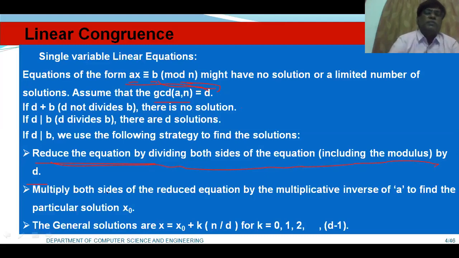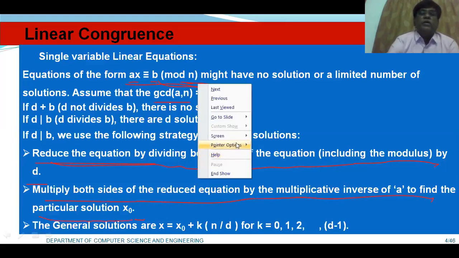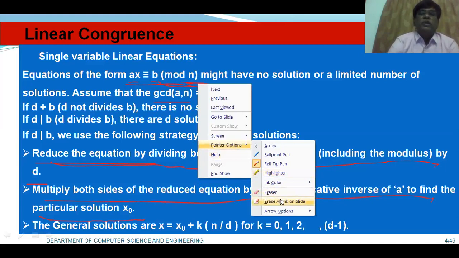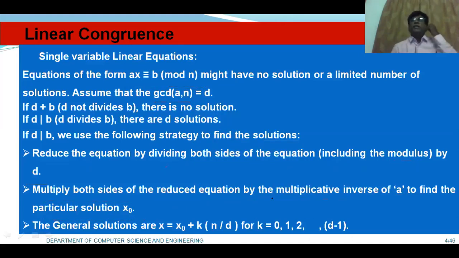That is the first step. Then multiply both sides of the reduced equation by the multiplicative inverse of A to find the particular solution. Generally, if an equation has solutions, it can have a particular solution or general solutions.